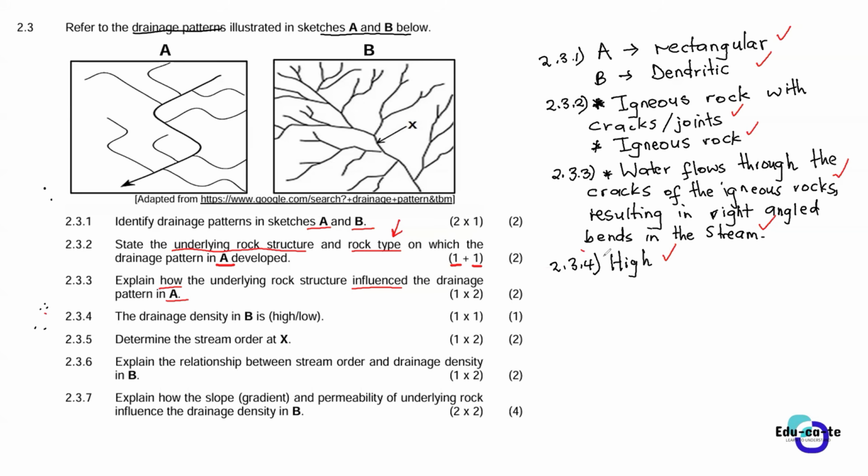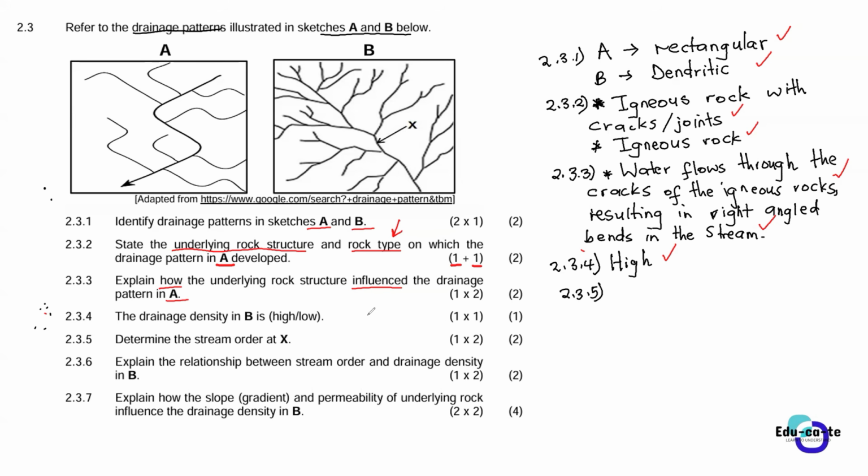You compare it with A. They are not just going to give you B alone and ask you about drainage density. No, they're going to give you B and A. You compare the two. Which one has got more streams in the given area? The one with more streams and tributaries is going to be the one that will have a higher drainage density.